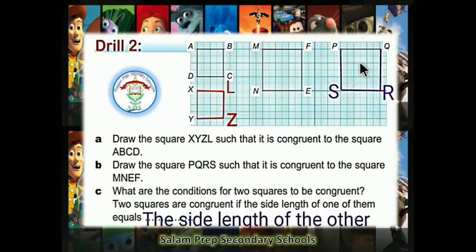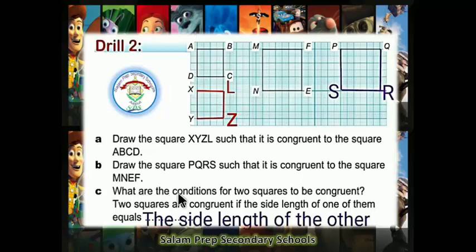So, if we want to draw a congruent square to square MEF, we need to draw the same side length. This side length is equal to 3 centimeters. So we will draw this side as 3 centimeters. 1, 2, 3. All sides of the square have side length equal to 3 centimeters.